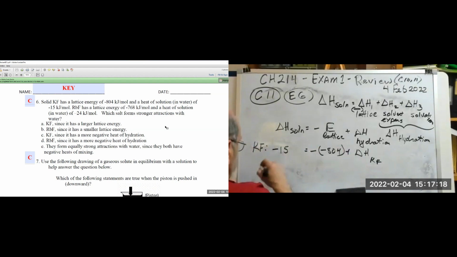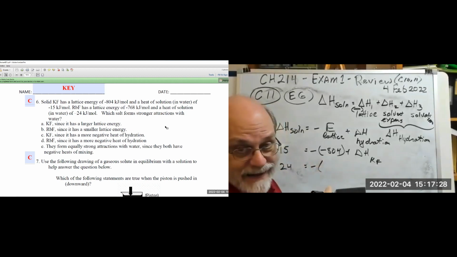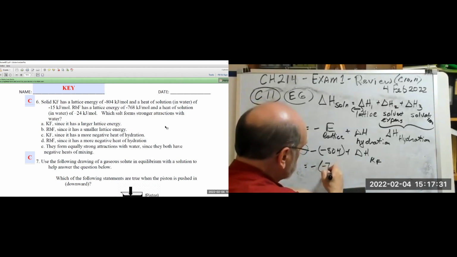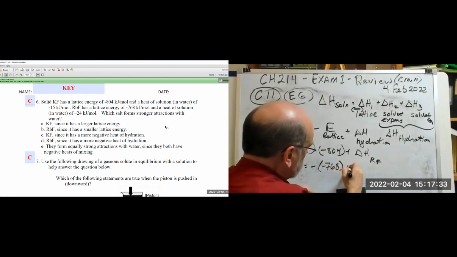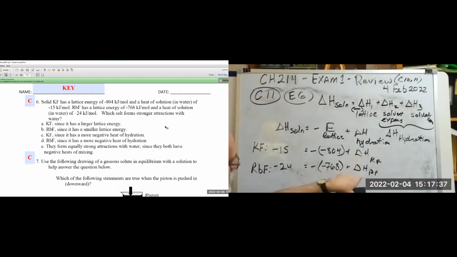And for rubidium fluoride, minus 24 equals minus 768 plus delta H for rubidium fluoride. We're solving for the delta H for each one.